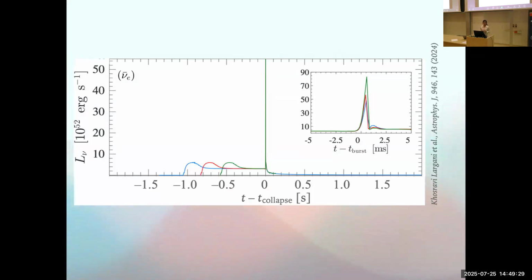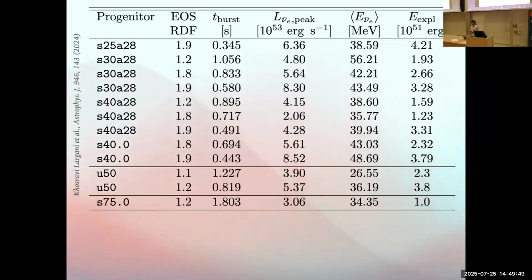I normalized the time of the second collapse, which leads to the second shock. As you can see, the second burst happens at different times, so this is model dependent. Depending on when the phase transition happens, the time of the collapse is also different.